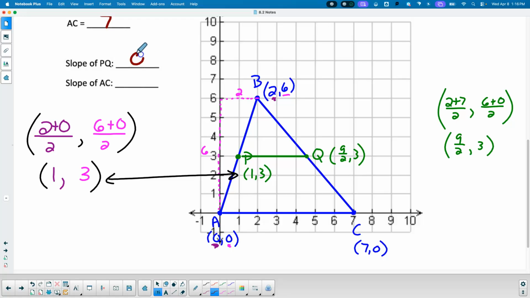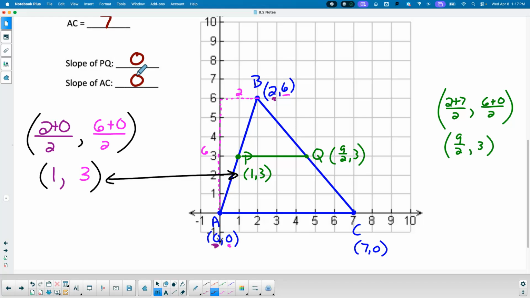0. Okay. So in a triangle, PQ is called the mid-segment. It's the segment that connects two midpoints. Okay? So any mid-segment is parallel to the third side of the triangle.